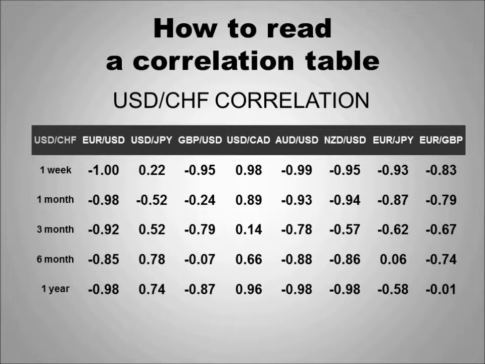Okay, and as we can see, there is a perfect inverse correlation between the US dollar Swiss franc pair and the euro dollar pair. So that's a perfect inverse proportion. And also we almost have a perfect inverse with the euro yen pair. So all this information is very helpful when we're looking at different pairs.